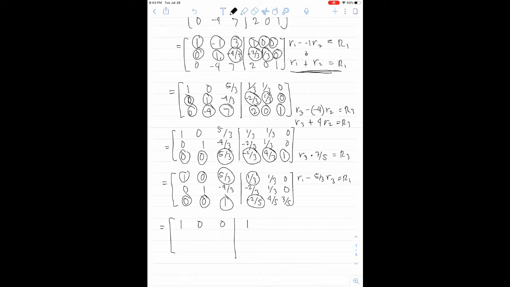So this is just 1. Kanina po, 1/3 minus 5/3 times 4/5 is just negative 1. 0 minus 5/3 times 3/5 is negative 1. Okay? Okay, kopya ang uban.